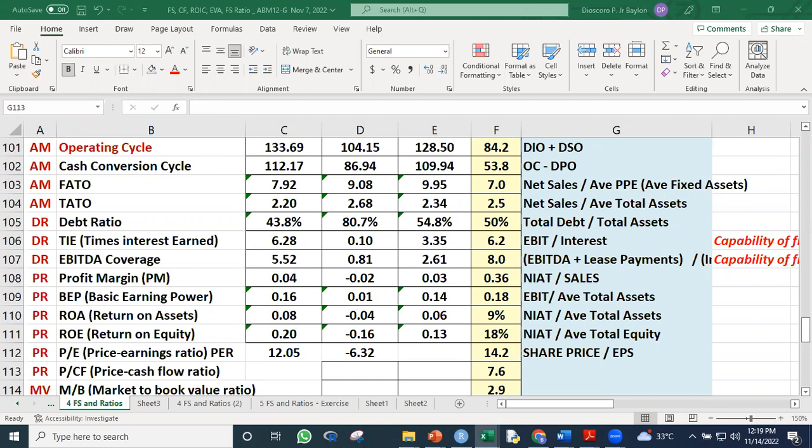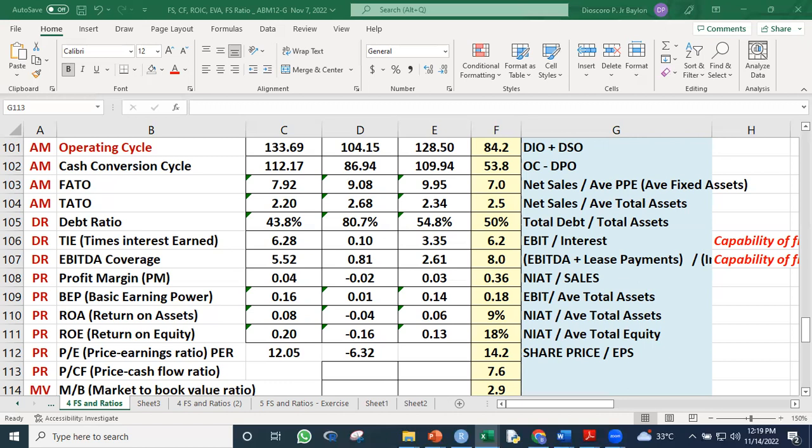Since our company is only 12.05 compared to 14.2, I thought our company was cheaper compared to our competitor, which is why I would decide to invest in our company. Correct. Perfect. Thank you so much. That's correct.